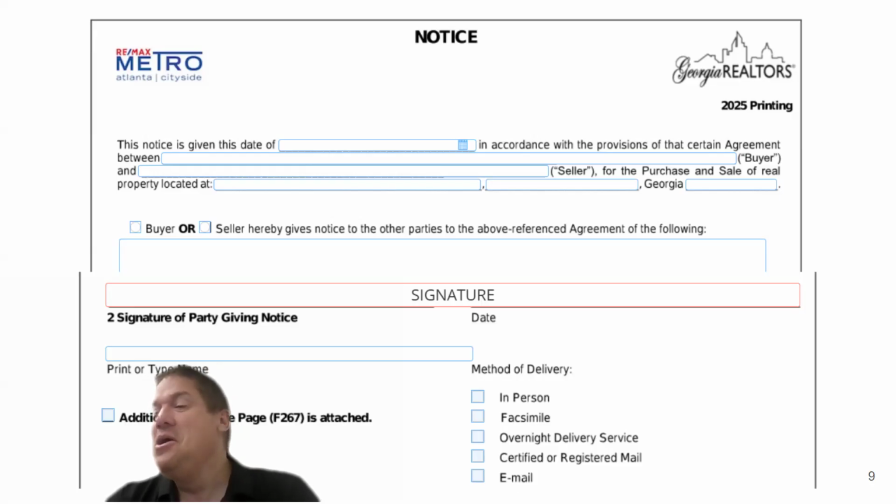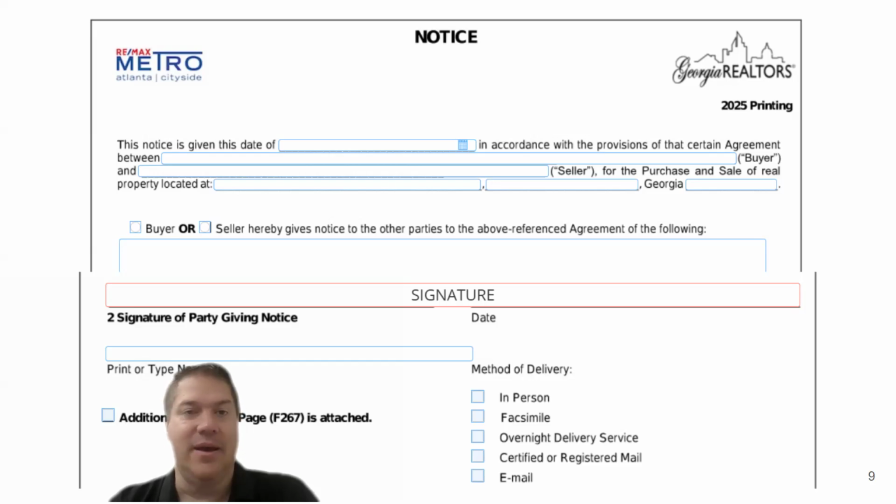But anyway, if the contract does not have a fax number on it for the other side or for your side, is using a facsimile a valid method of delivering notice? No, it is not. So you need to be careful about the method of delivery. Is in person a valid delivery method?